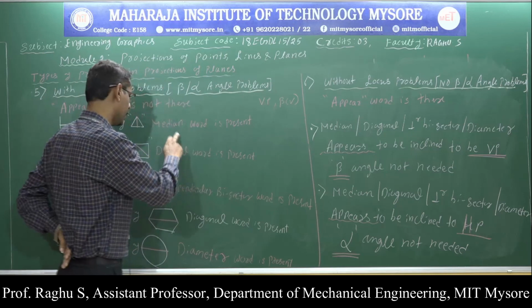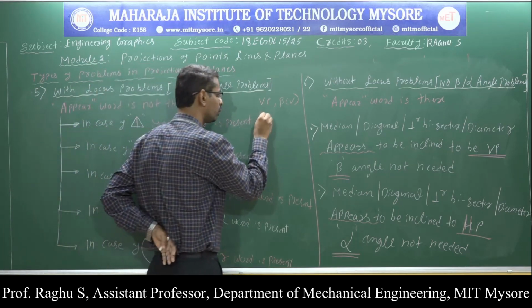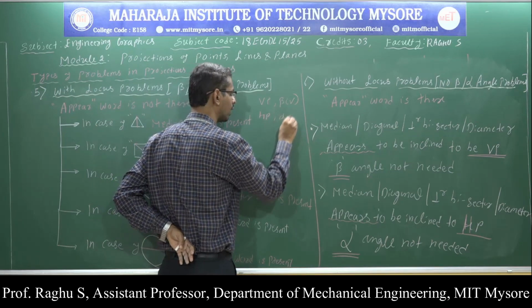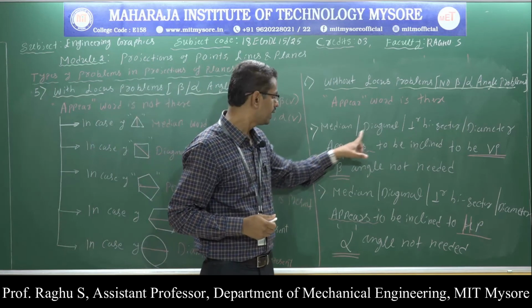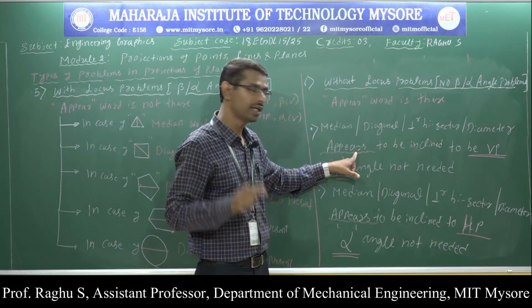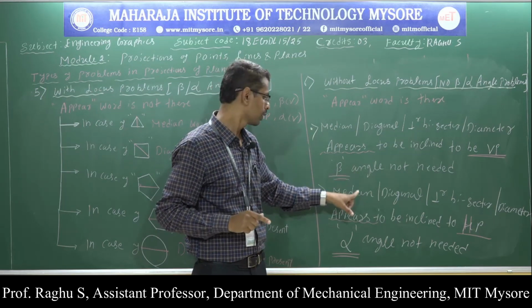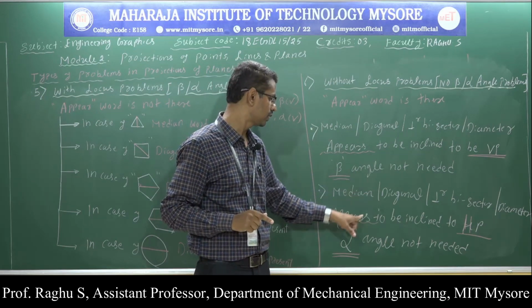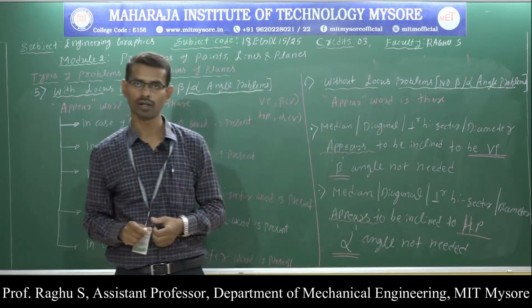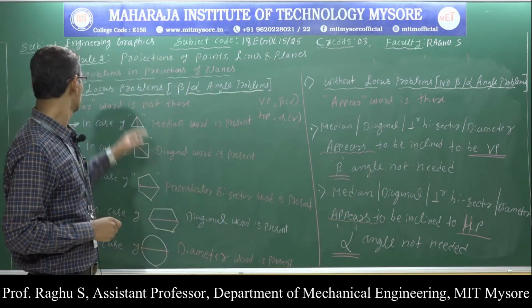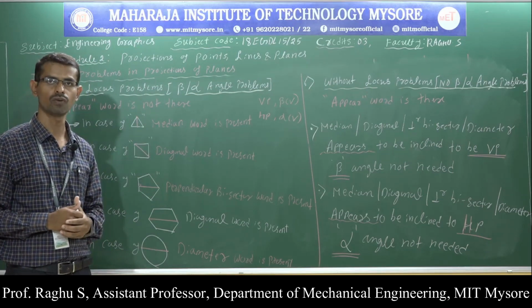When it is inclined to HP, then alpha angle is needed. Next, when it appears to be inclined to VP, then beta angle is not required. When it appears to be inclined to HP, then alpha angle is not needed. So these are all the different kinds of problems in projections of planes.